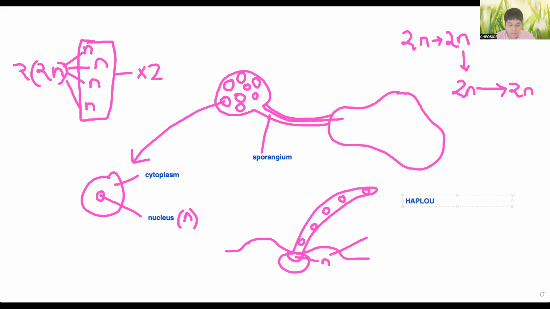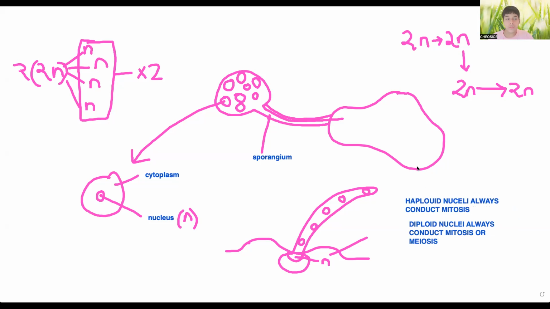Haploid nuclei always conduct mitosis, and diploid nuclei conduct either mitosis or meiosis.